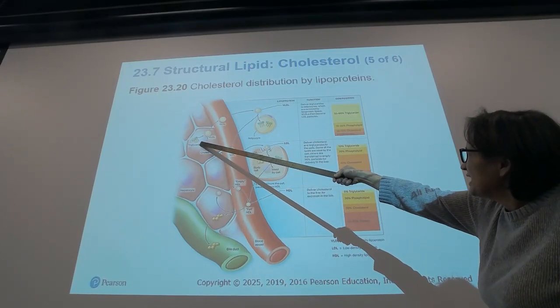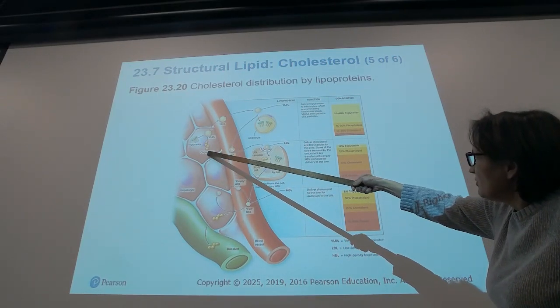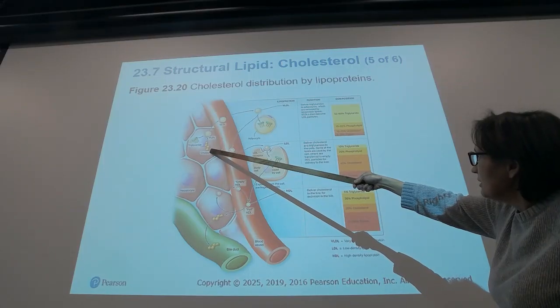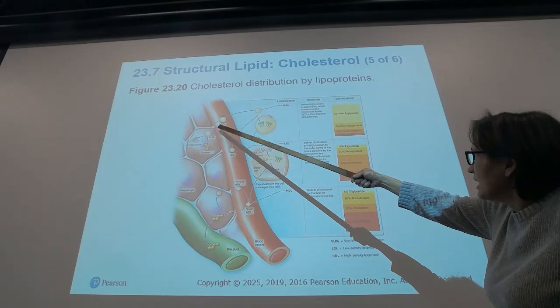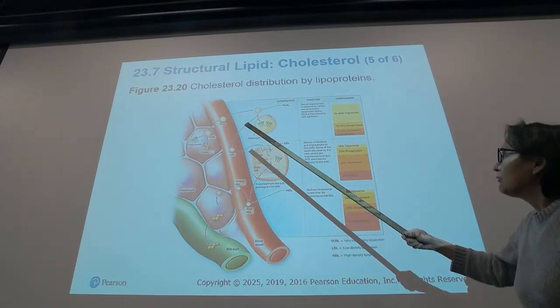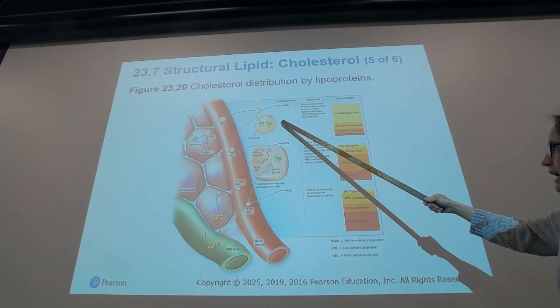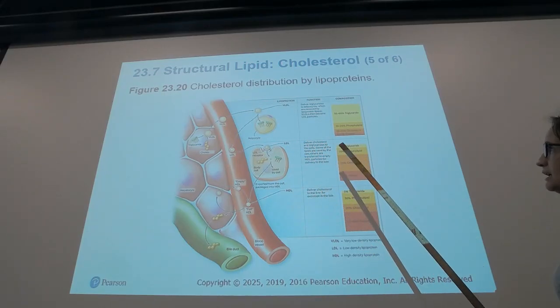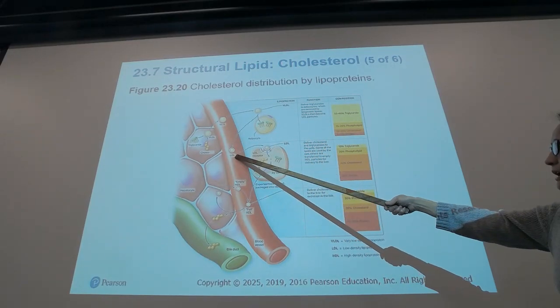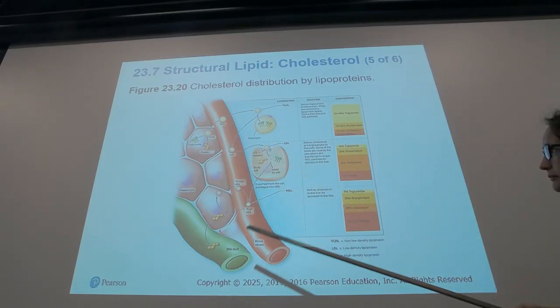So you have like around 6% of triglycerides and then you have 10 to 15% of cholesterol, and very low proteins, between 5 to 10%. So that's why they are VLDL. Now, when they go into the cells, like adipose tissue removes these triglycerides, and then you have LDLs.